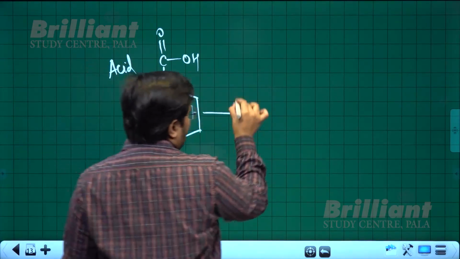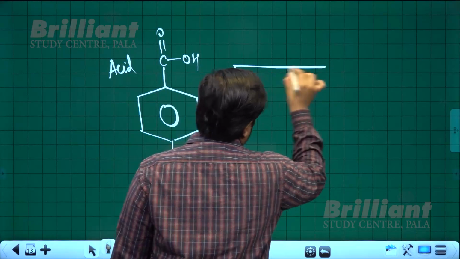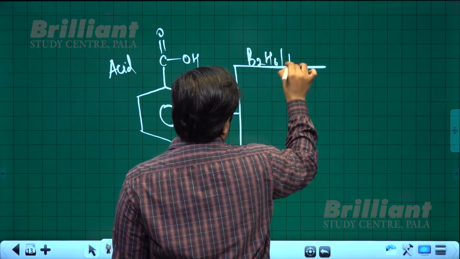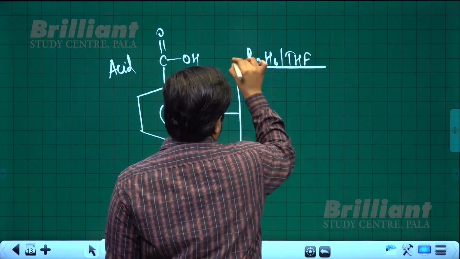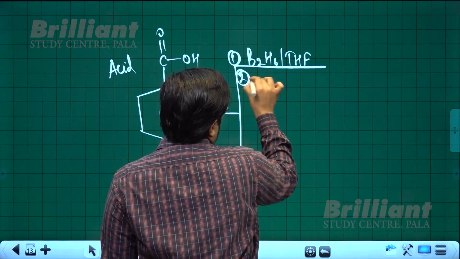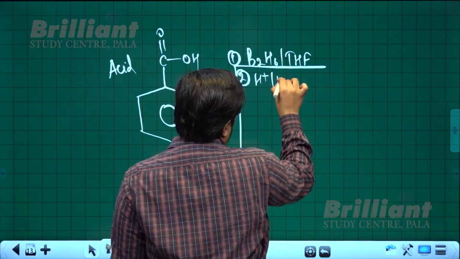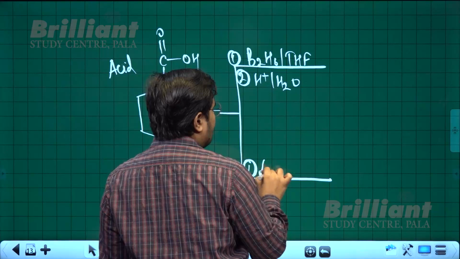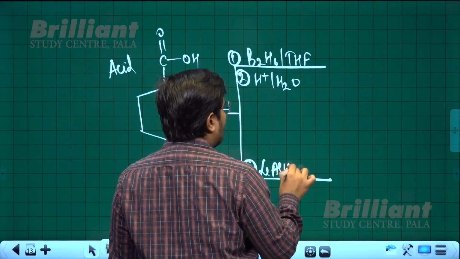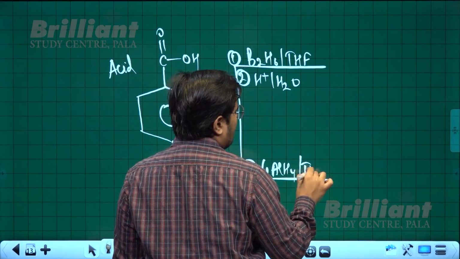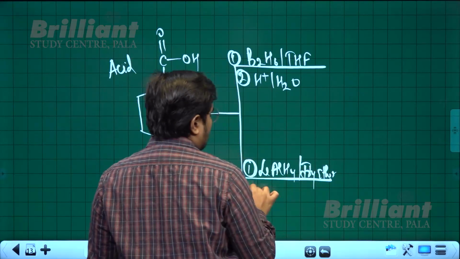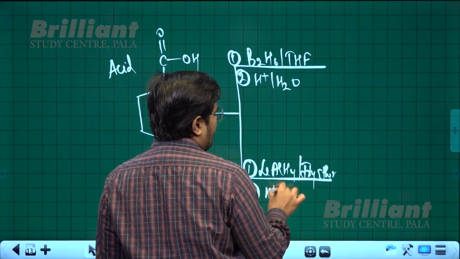And let's say I am treating it with B2H6 in an aprotic solvent, H plus water, and let's say the second one is lithium aluminium hydride in dry ether, H plus water.